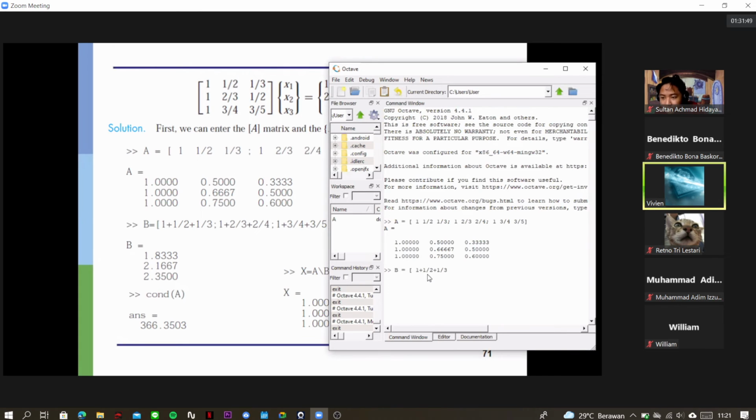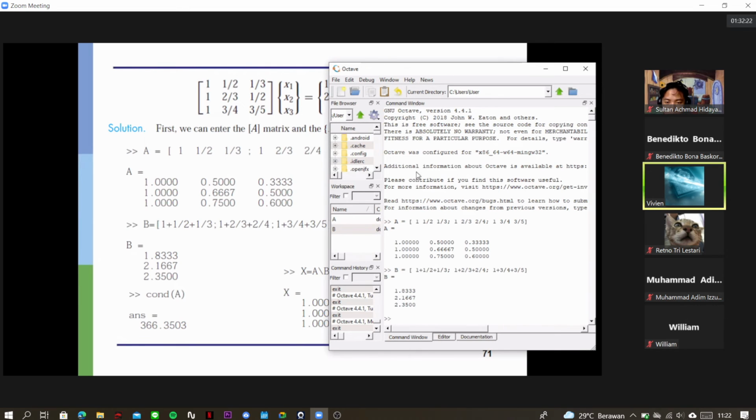Then a semicolon, which means this is the end of the first row. Then we insert the second row, then a semicolon, and then the third row. Then we can check whether the B vector is already correct.